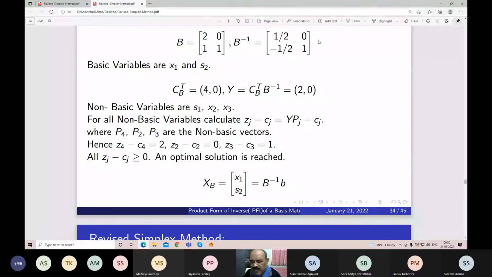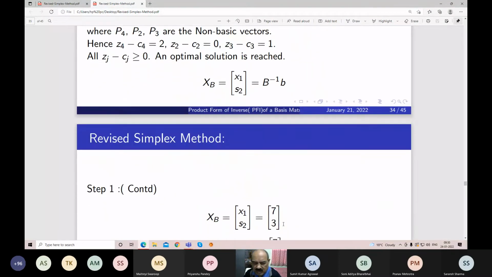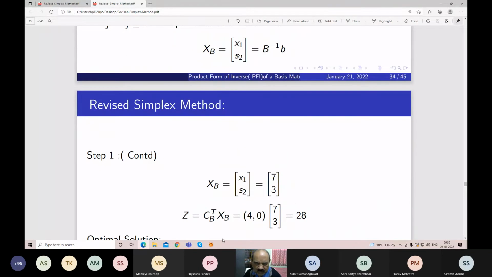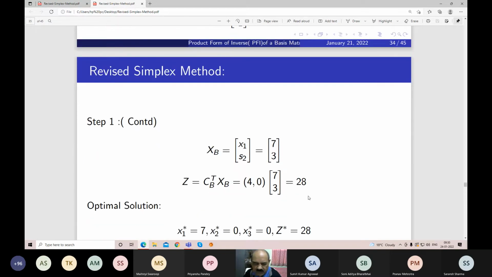If you multiply B inverse with the vector 14 and 10, this gives 7 and 3. Once xb is known, z equals cB transpose into xb, that is 4 and 0 times 7 and 3, which is 28. So xb equals 7 and 3, the objective function value is 28, and we have got the optimal solution.